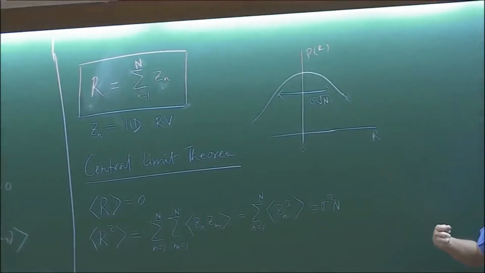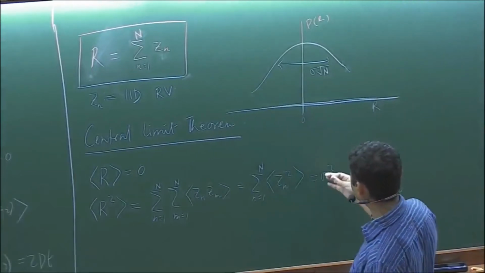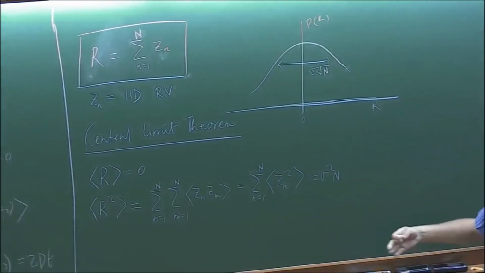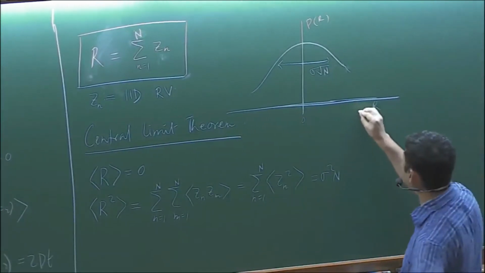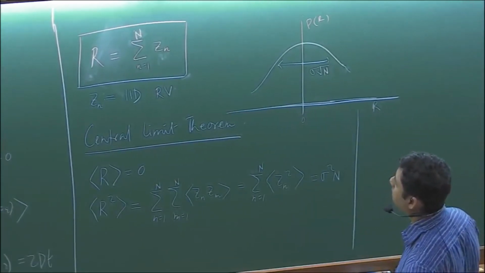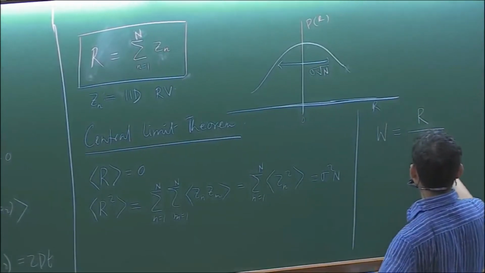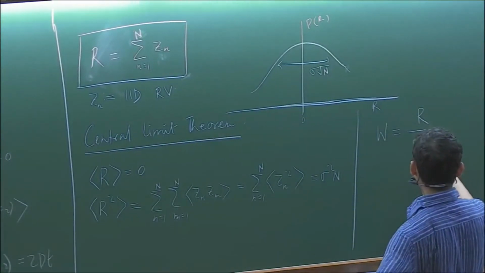Now if I want to look at the probabilities of this object at this scale, I am going to define a new variable W, which is R by sigma.